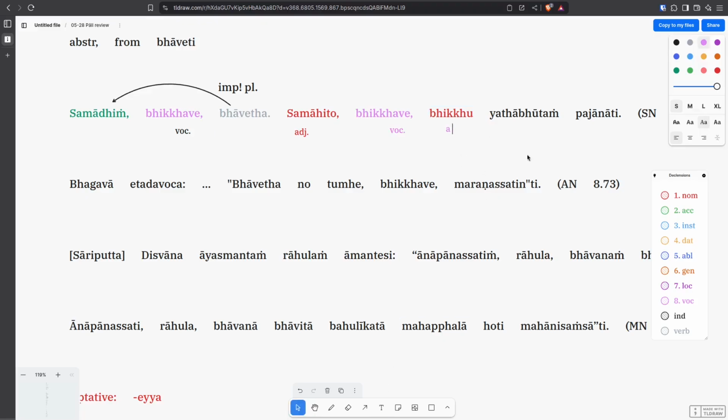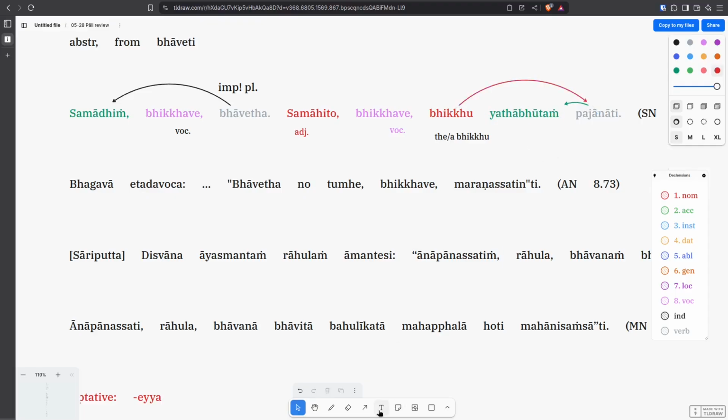Exactly, don't confuse the two. So the concentrated monk, he knows, he understands, pajanati. And how does he know? Yatha bhutam, as it really is, or literally as it has become.